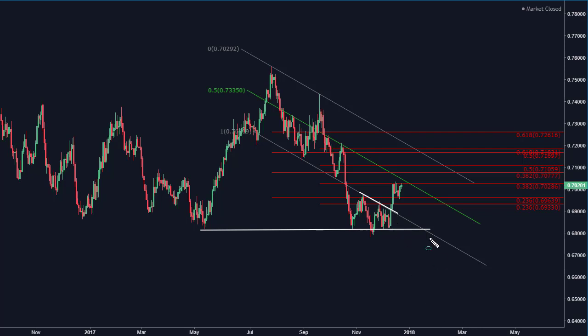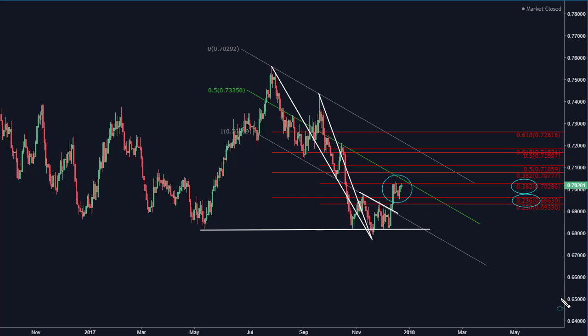And on a short-term basis, over the past week, notice that we're just bouncing between some key Fibonacci levels. The Fibonacci levels that I'm measuring here go back to this high to this low, and then I measured this high to this low, and you can see that we're bouncing at the 23% on one fib tool, and then the 38.2 on the other.